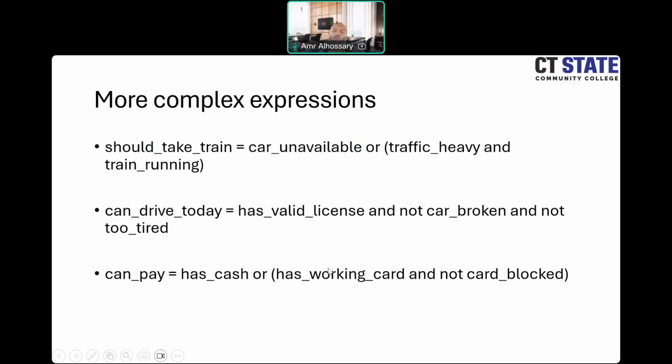And have a card, a working card is true. Both these are true. Joined by and is true. Or has cash. So I hope you understand now. And, or, and not in a simple and a complex context.